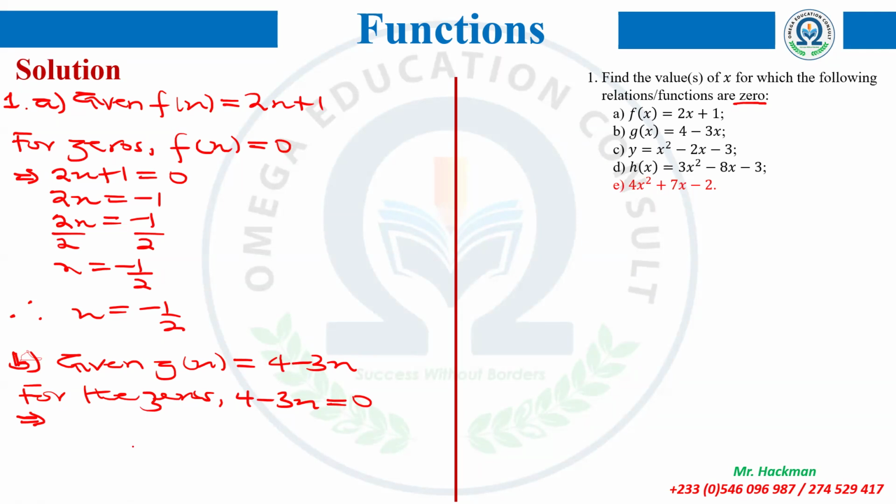So now here, what do we have? You have 4, then you move this 3x to the side to make it positive, you are solving for x. So I will write it this way. It's equal to 3x. A term here, a term here. So I cannot divide straight away. I need to write it again. By writing it again, I'll write my 3x here. That doesn't mean I have moved the 3x to the side.